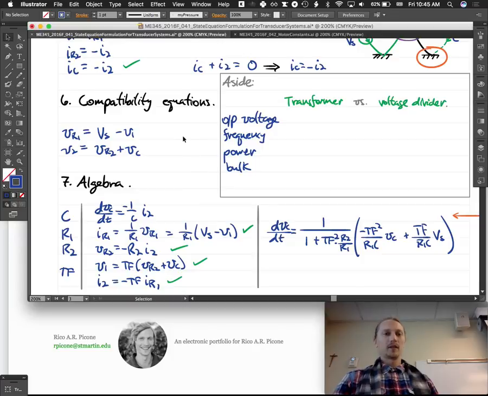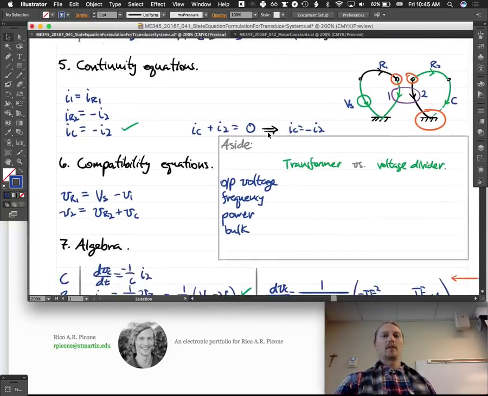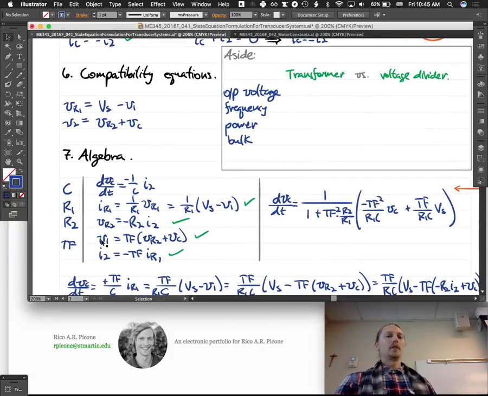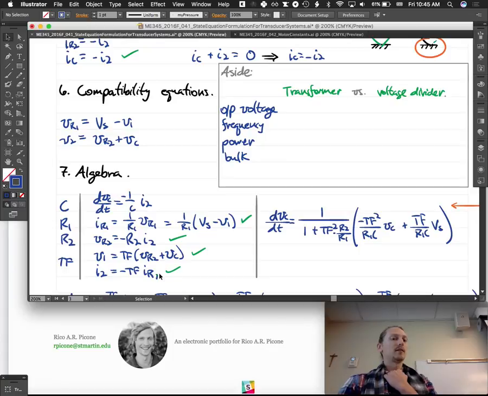V1 from up here is equal to TF V2. V2 is VR2 plus VC, right? So bam, did that. I2 is negative TF times I1. I1 is equal to IR1, and so we can plug in IR1 there. So we just used all of our continuity and compatibility equations. We just burned them off.